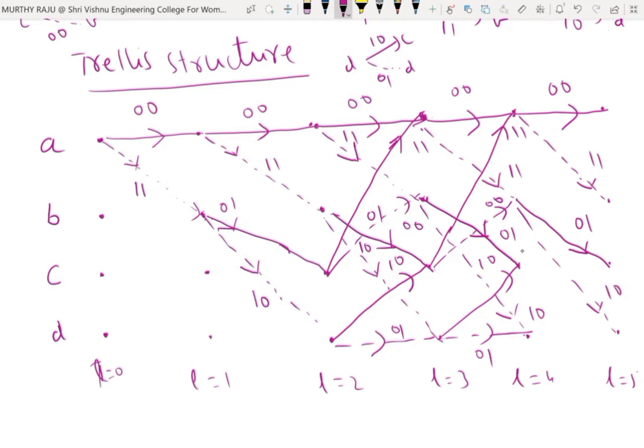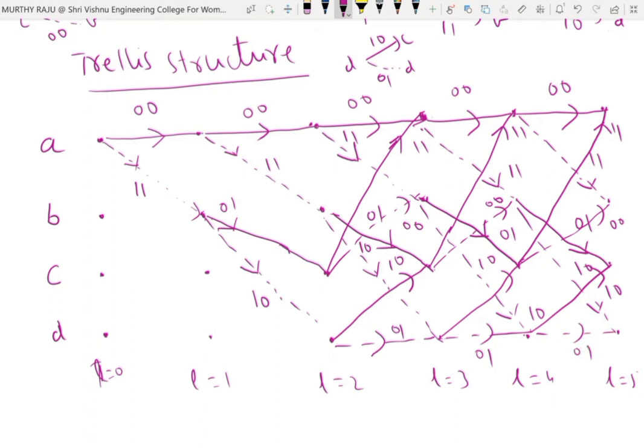Next one C to A 1 1 and C to A 1 1 and C to B 0 0. D to C 1 0 and D to D 0 1.